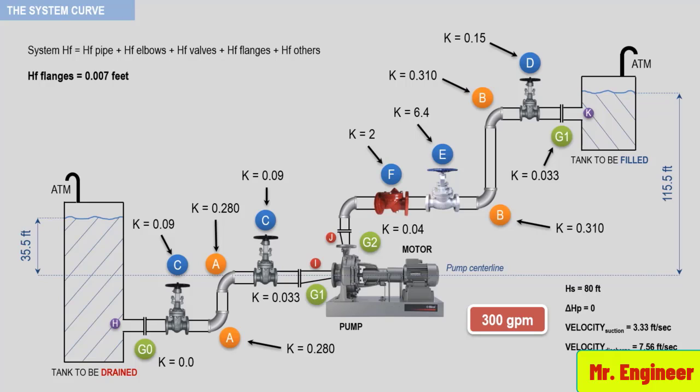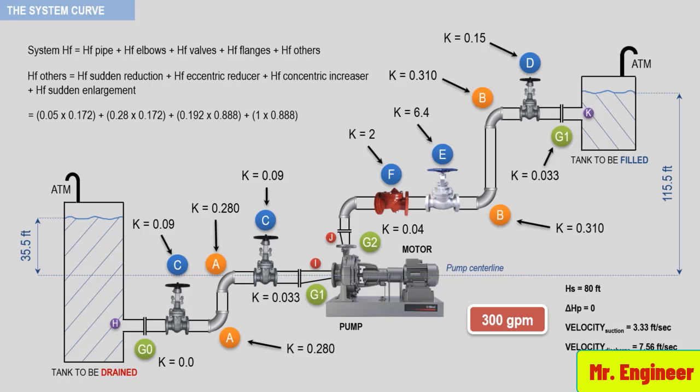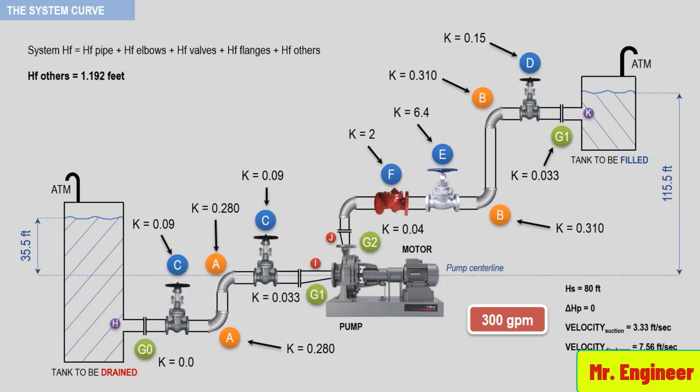The formula to calculate the friction head losses associated to these elements can be seen here. To calculate each of these terms, we multiply its K value by the velocity head, as seen here. And so the friction head losses for these elements is roughly equal to 1.2 feet.